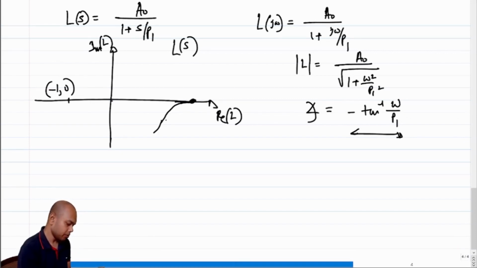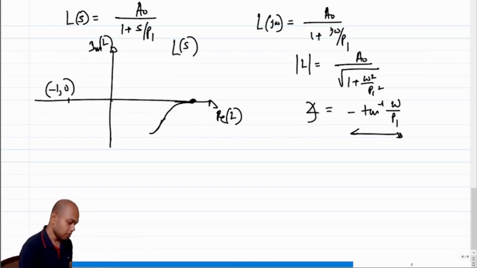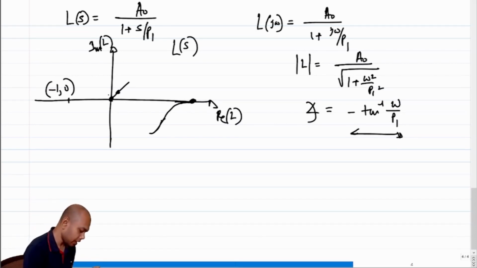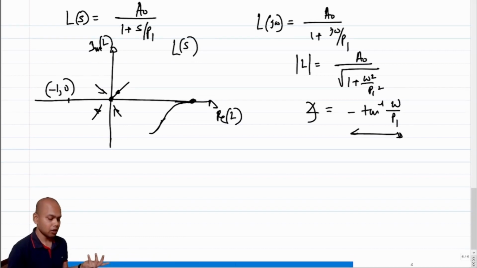So this will go down, and at omega tends to infinity, what's going to happen? At omega tends to infinity, mod of L goes to 0, right? So it will go to the origin, but from what angle will it go to the origin, right? So it can go to the origin from this side, it can go to the origin from this side, or it can go to the origin from this side. From which angle will it go?